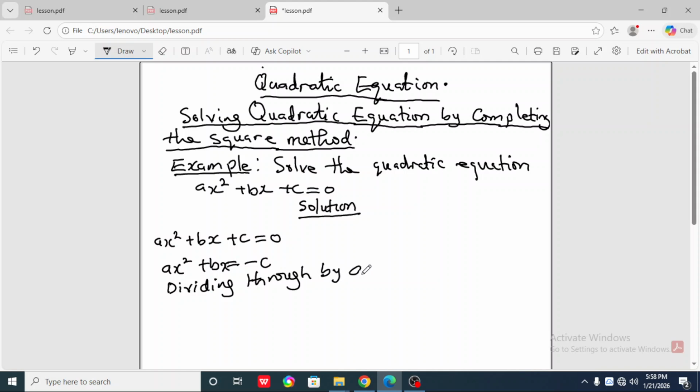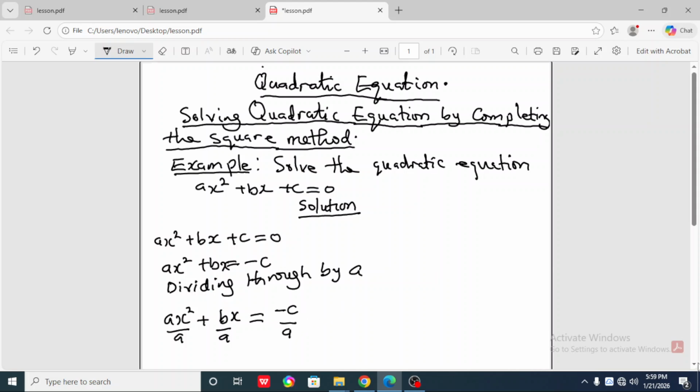by a. So that will give us ax square divided by a plus bx divided by a equal to minus c divided by a.